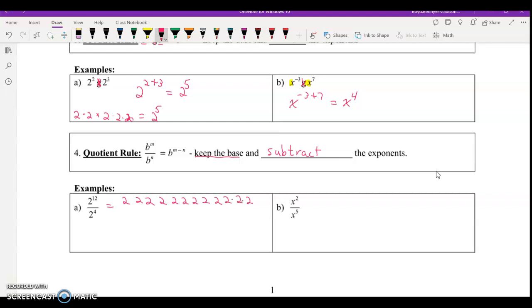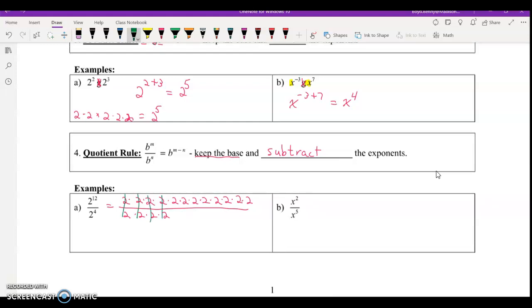And all of these are multiplied together because exponents are the shortcut or the notation for repeated multiplication. In the denominator, we've got 4 2's multiplied together. Now we know that 2 divided by 2 is 1.